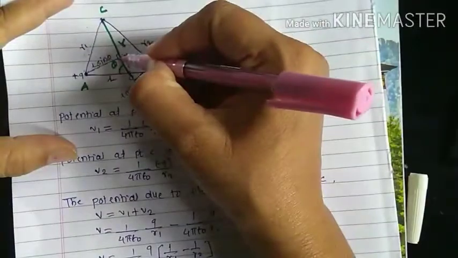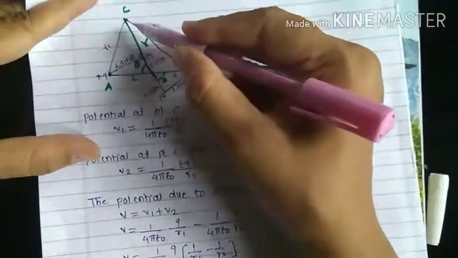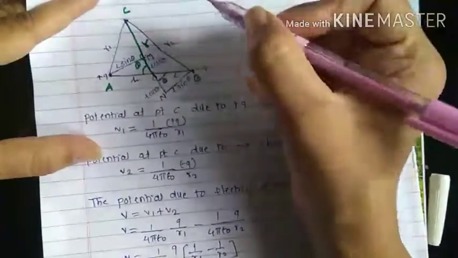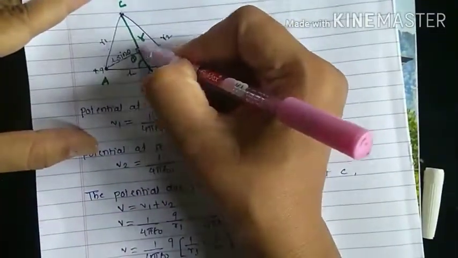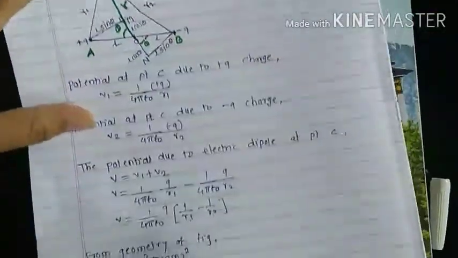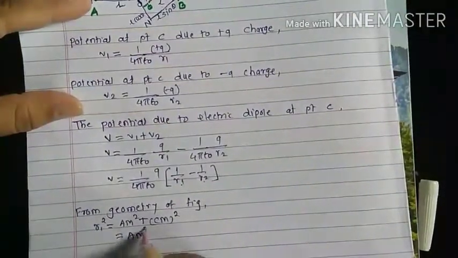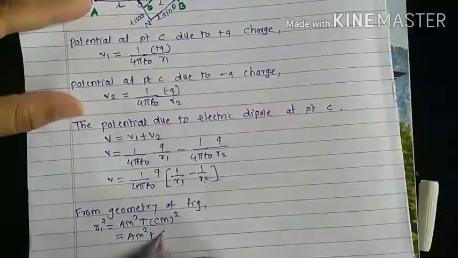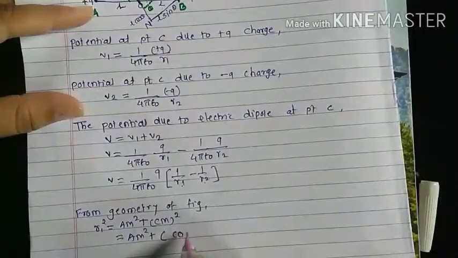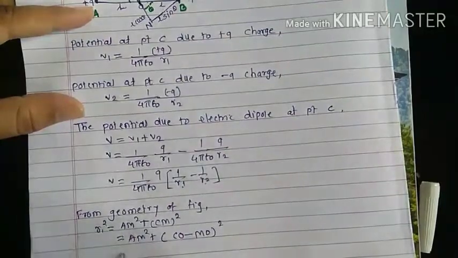But this CM can be written in terms of R, and therefore we can say that the CM distance becomes CO minus OM distance. Therefore, AM square plus CM can be written as (CO minus MO) square.